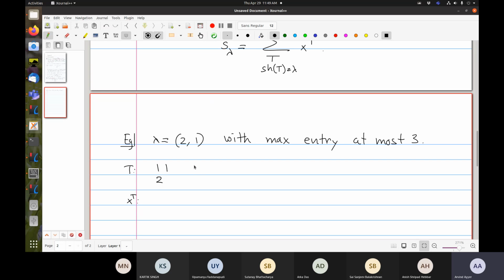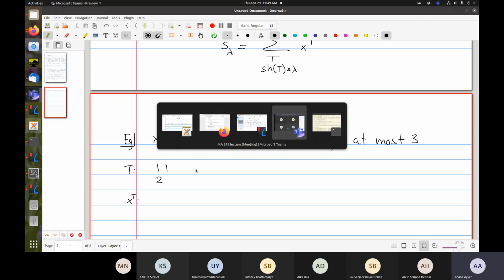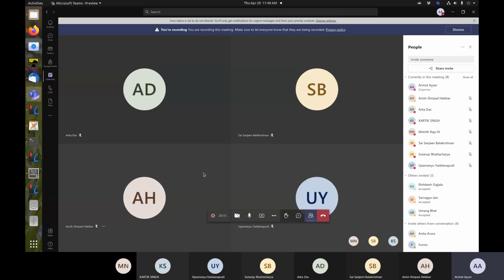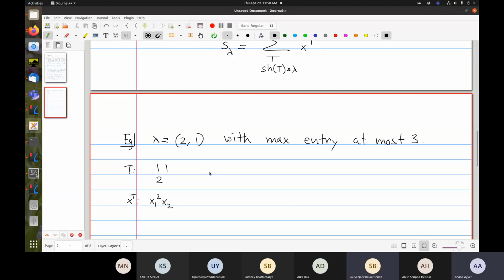So 1, 1, 2. This has weight x1 squared x2. Next. Any volunteers? 1, 1, 3. Next. 1, 2, 3. Yes. So that's x1, x2, x3.